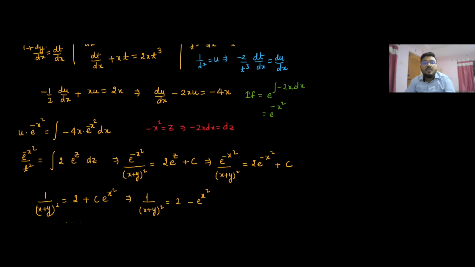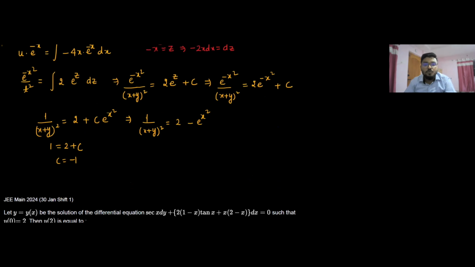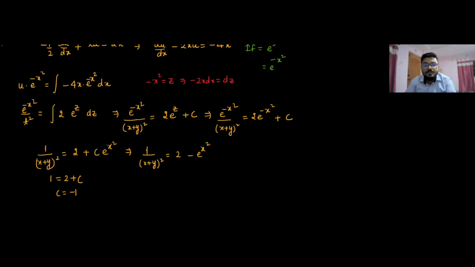Fine. Now in the question they are asking for y of 1 by root 2 we should find out. So y of 1 by root 2 means we have to put x is equal to 1 by root 2. Putting x equal to 1 by root 2, this is now 1 divided by 1 by root 2 plus y whole square is equal to 2 minus e power 1 by root 2 square, which will be 1 by 2. Okay.